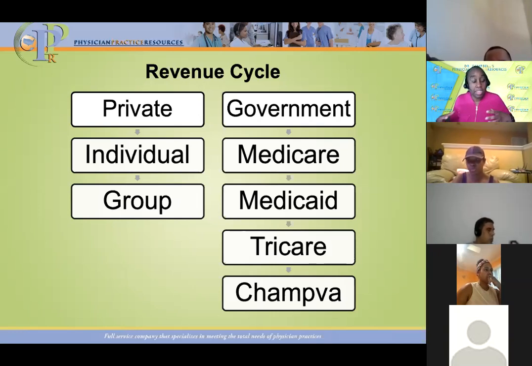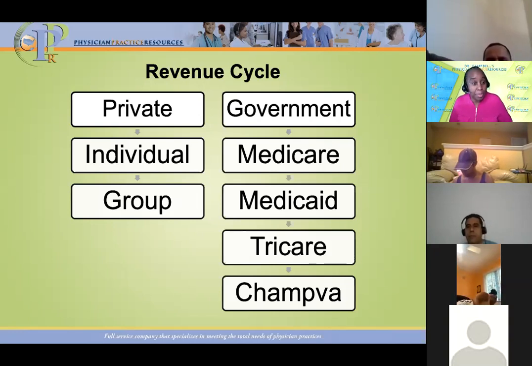Yes, and he is the gatekeeper of her services. And anything that she needs outside of the gate, she has to get permission from him to receive those services. So she can't just go wherever she wants to go without getting permission from him. So everything has to go through him, and that's the whole concept of managing the patient's care. That primary care physician is essentially the captain of the ship.